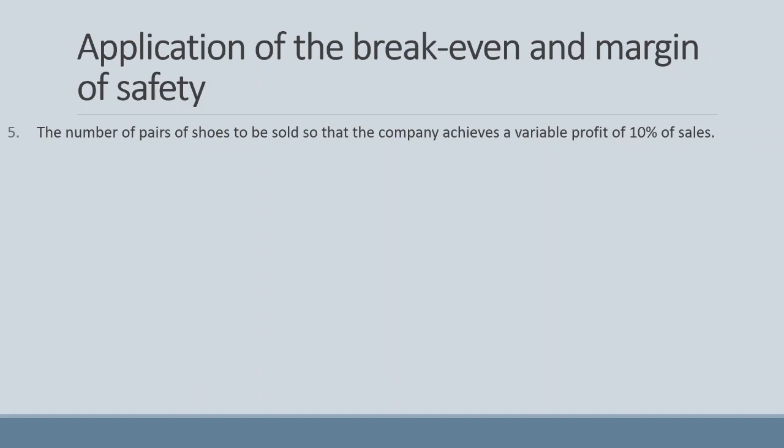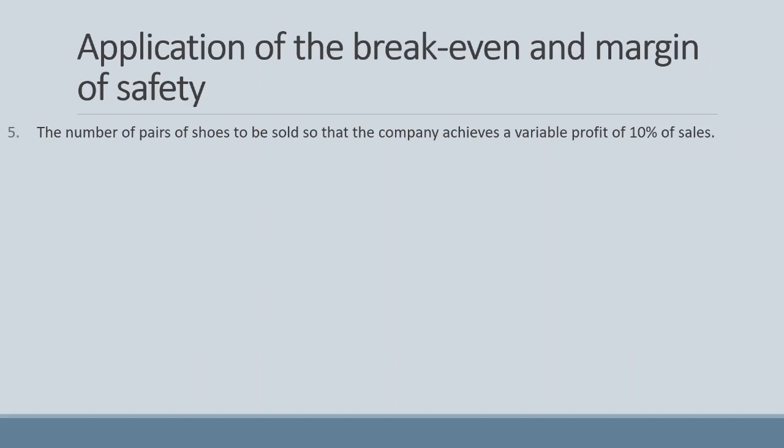A variable target profit, on the other hand, is not a constant number. Rather, it is commonly expressed as a percentage of sales, and therefore it can change based on the number of units sold. So here, our target profit is 10% of sales. Because sales can vary, it is considered a variable profit target.